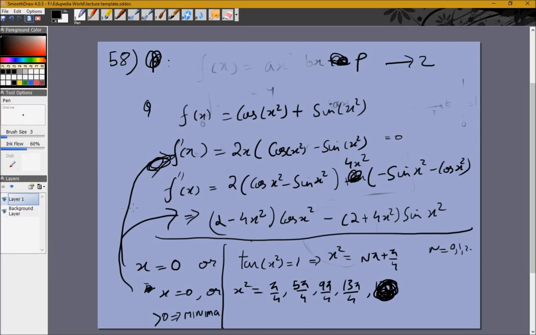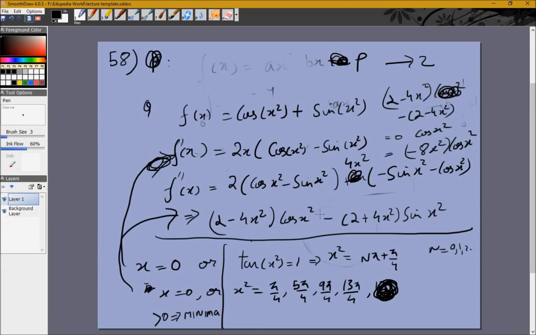We've already seen that it's positive at x is equal to 0, but at any of these values, tan of x square is 1, which means that cos x square is equal to sin x square, which means that f double dash x will just be 2 minus 4x squared cos x squared, minus 2 plus 4x squared cos x squared, which is 2 and 2 will cancel, minus 8x square cos of x square.